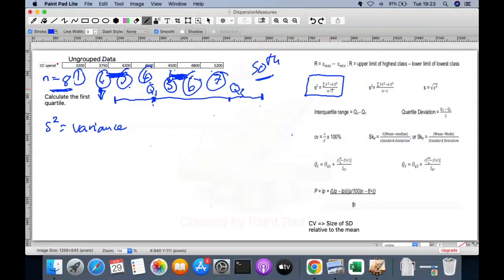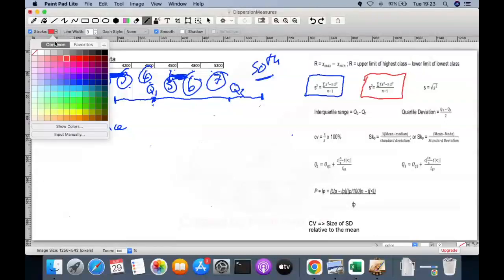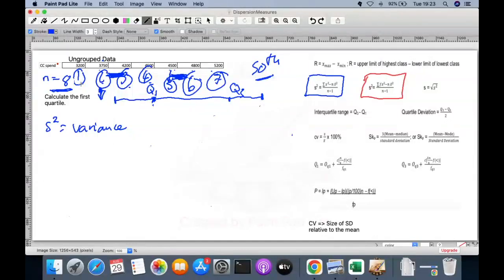How I know how to choose between the blue one and the red one, you can use the same guideline I use: if you see an F in the formula, then you're using frequency. In other words, you're using grouped data. Frequency only comes into play for grouped data, and in this case we are dealing with ungrouped data. So S squared is your variance.